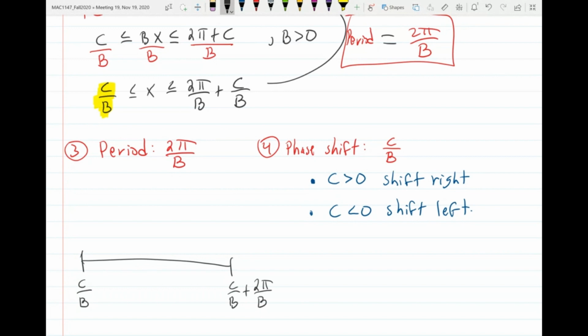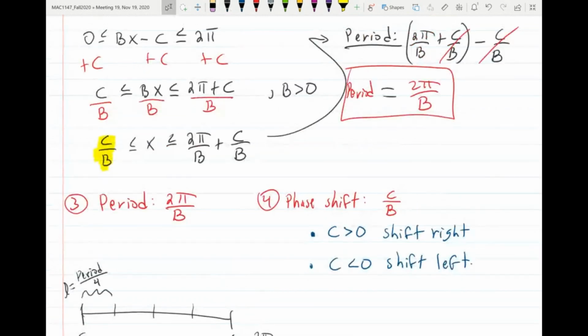And then to find the remaining key points, you know how to do it. Split into 4 equal pieces, and the length here is period divided by 4. You just keep on adding that number until you reach the right endpoint, and then you start graphing. So this is a summary of what we discussed above.